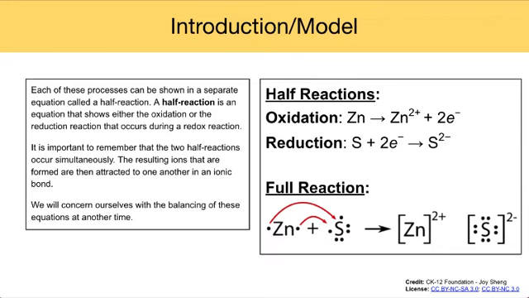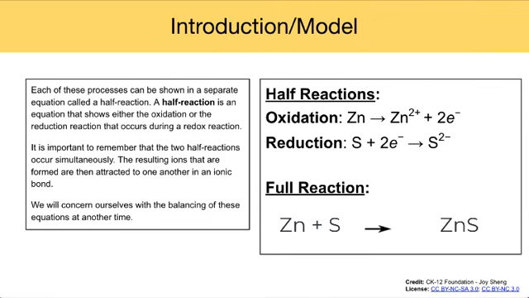So the full reaction might just be Zn plus S reacts to form ZnS. But if we actually break apart what's happening to zinc in terms of electrons and what's happening to sulfur in terms of electrons, we see that a redox reaction is occurring here.